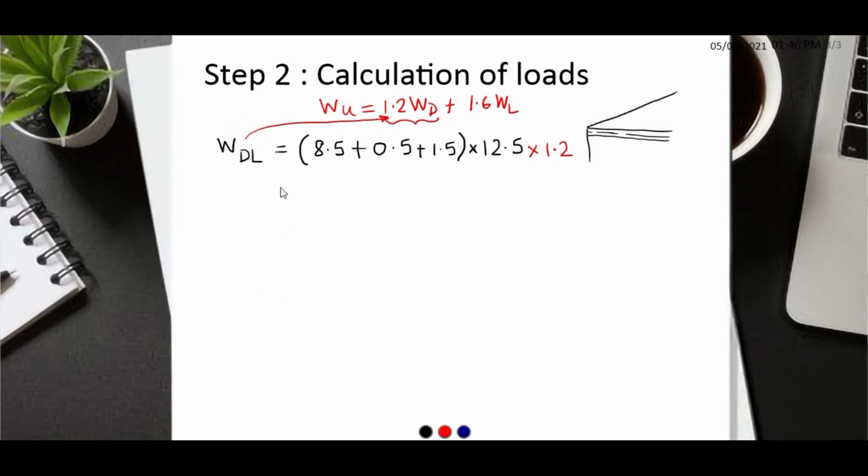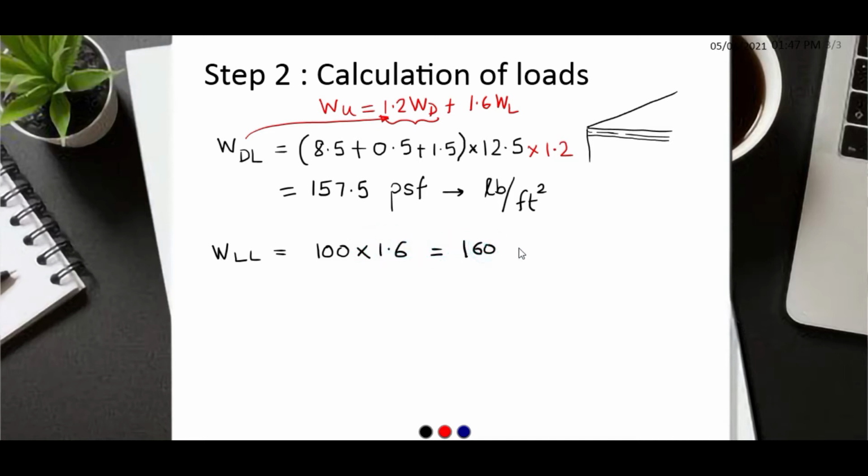Okay, so upon solving this, we get 157.5 PSF. PSF can also be written as pounds per square foot. Similarly, live load. Live load is already given as 100, so factored live load will be 1.6 times 100, which will be 160 pounds per square foot.